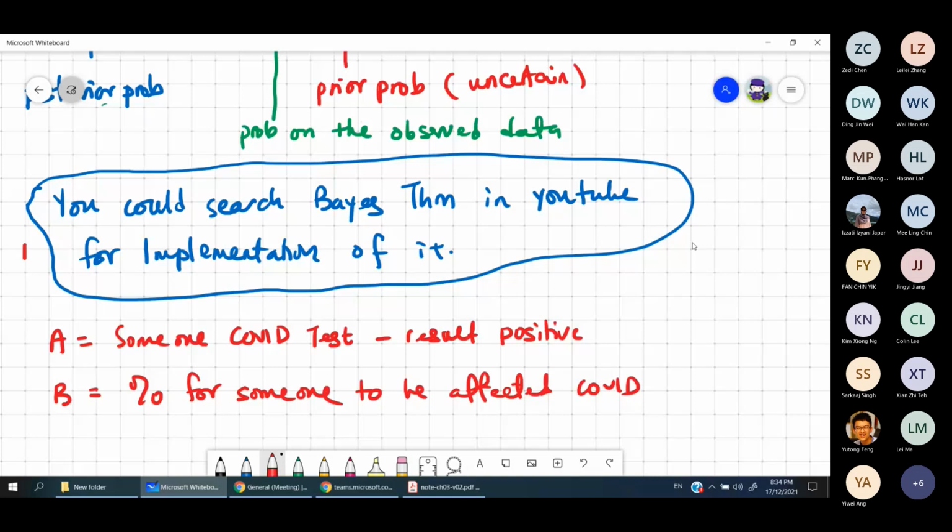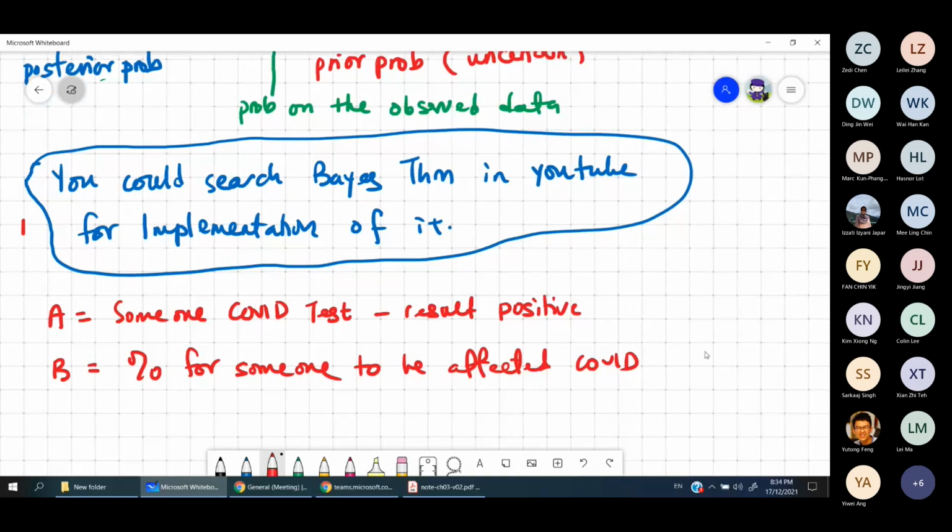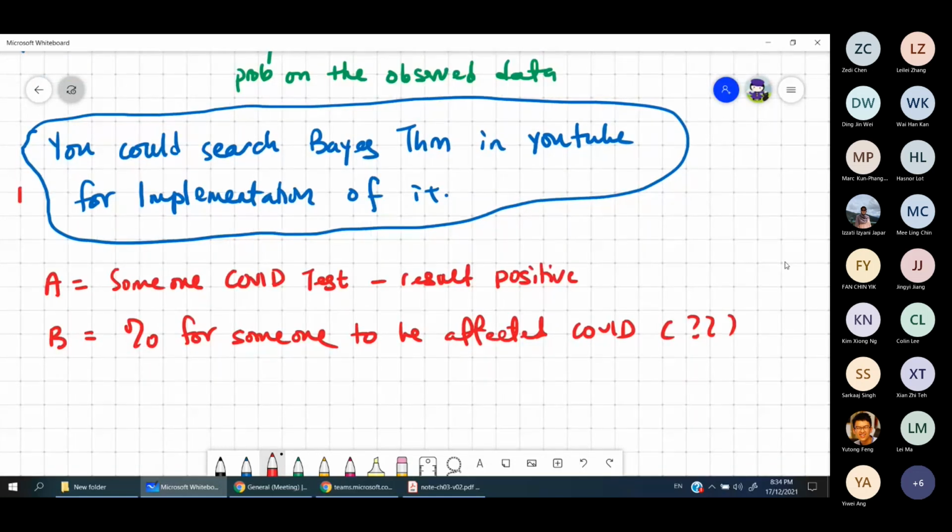So this is something that we don't know. This is actually uncertain, right? So this one is a question mark. But what we can do is roughly put it this way.